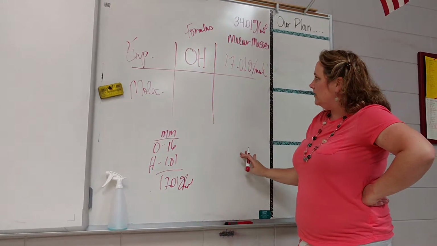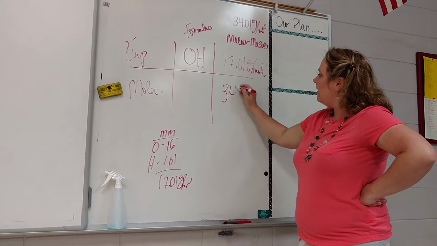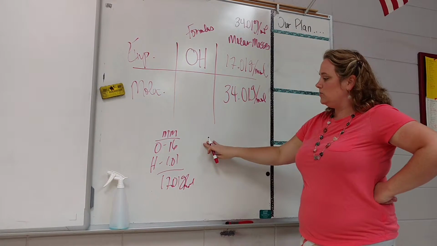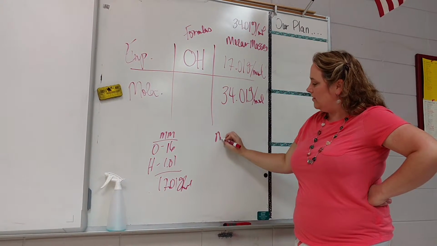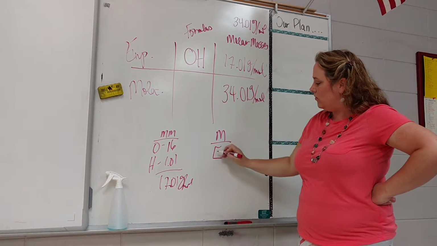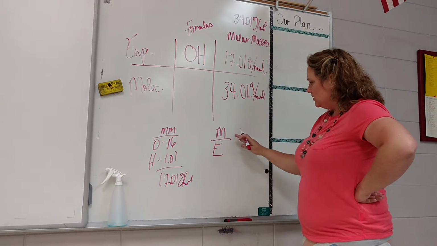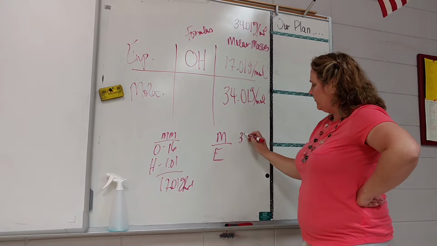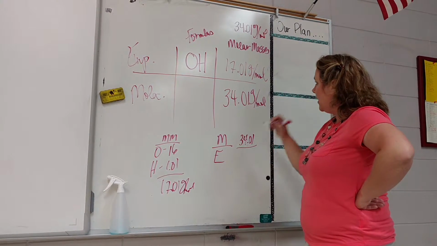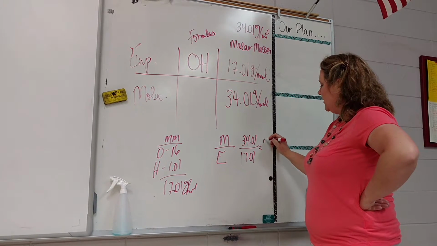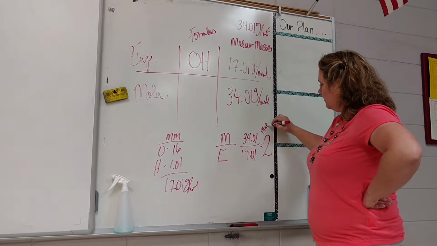So we're going to put what we know in here now. We know it's different. So we're going to use our little formula, which is M molecular over M empirical. We're talking about molar masses. So molecular, which is 34.01, divided by empirical, which is 17.01, is going to roughly give you a multiplier of what?